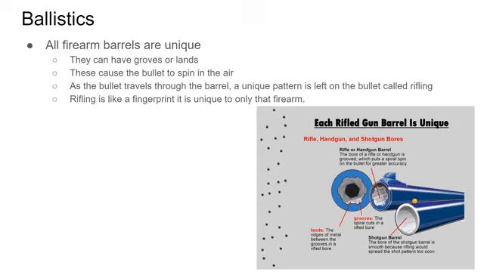These are important because they make completely unique characteristics as the bullet is fired out of the weapon. These lands and grooves cause the bullet to spin in the air, and as the bullet travels through the barrel, a unique pattern is left on the bullet called rifling. Rifling is like a fingerprint and is completely unique to the firearm.